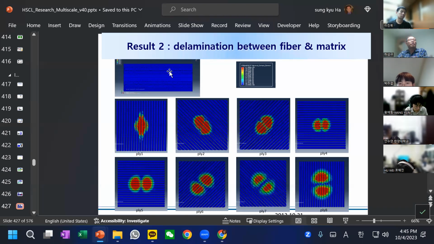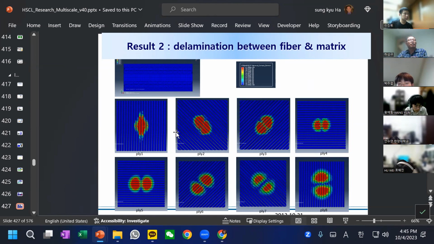And then, layer to layer, the separation between the layers is called delamination. So the weakness can come from delamination between lamina to lamina or ply to ply. So prediction of this kind of delamination is very, very important.